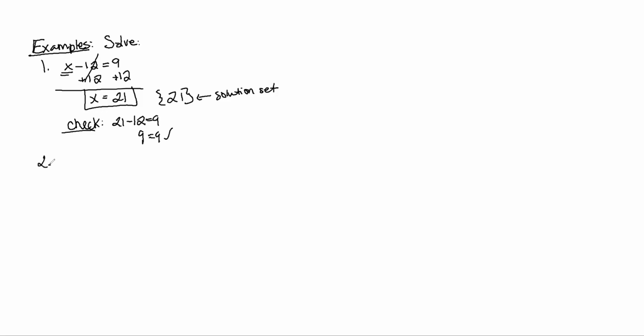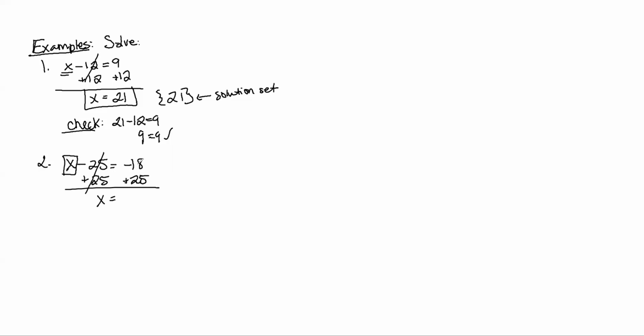Number 2, x minus 25 equals negative 18. So again, we want to get this x by itself. So we want to get rid of a minus 25. The opposite is addition, so we're going to add 25 to both sides. So left side, those cancel out, we get x.